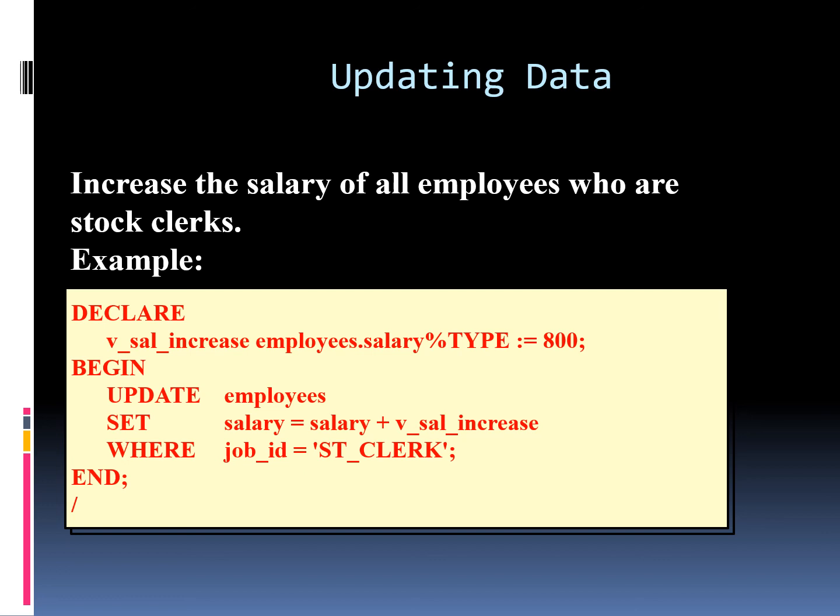Here we have initialized the value of the increase in salary of the employee who is a stock clerk. So we will write an update statement in the begin end block. Update employees set salary equal to salary plus v_salary_increase, where job ID is equal to stock clerk. So this is how we can update the value of a particular field in a table using our PL/SQL code.